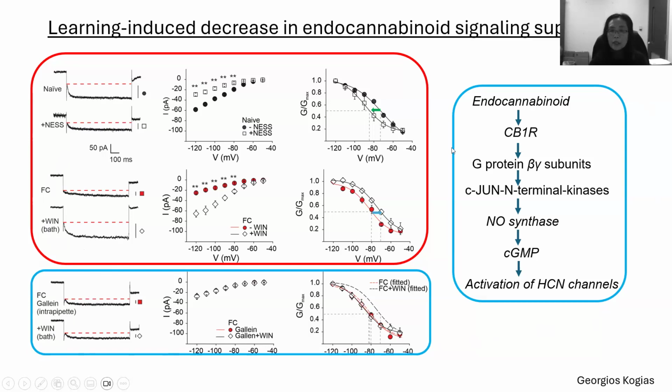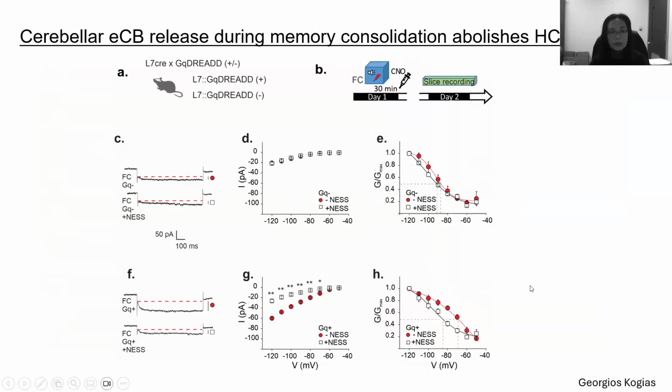So the data here show that endocannabinoid activates the receptors, and then through activating G beta gamma subunits, it will activate Jun kinase and then nitric oxide synthase, which will cause an increase of cyclic GMP and activate the IH currents.